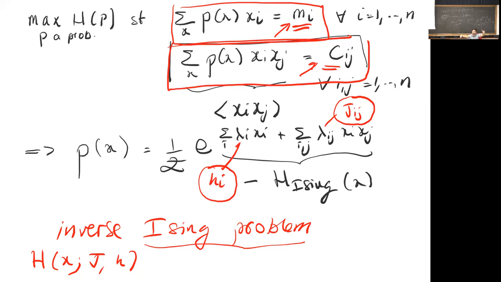Which is itself a very complicated problem because it requires computing the normalization here, which is a very complicated combinatorial problem.